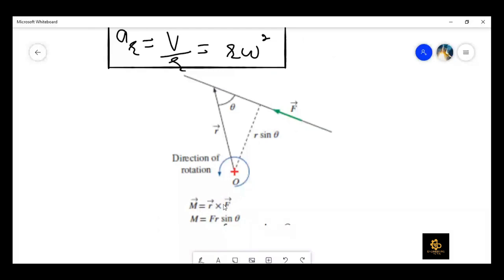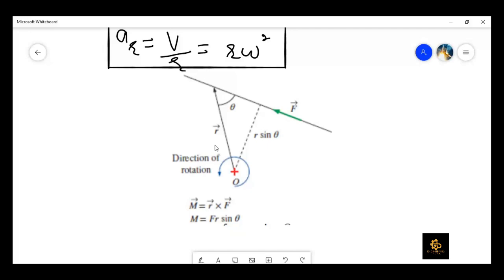So that is the vector product or cross product. When we talk about the magnitude, because this is a cross product, M is equal to F r sine theta. Please keep in mind this M here is the moment of momentum equation, or we also call it torque in our terms.